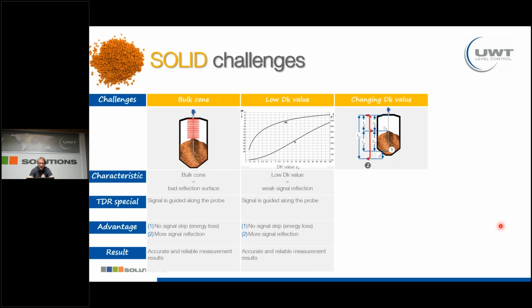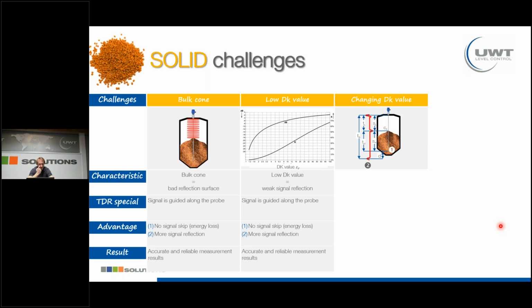What's the advantage of TDR? TDR sensors guide the signal along the probe. We do not lose any energy to reflections due to this bulk cone, and also for the lower decay values, this is important because you need as much of the energy as possible to get back to the sensor.